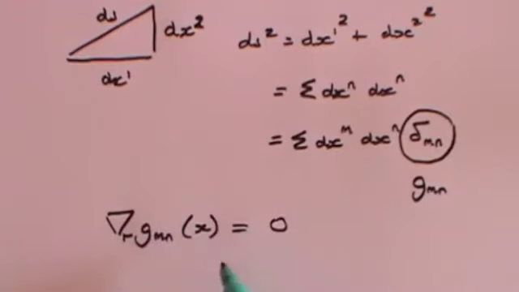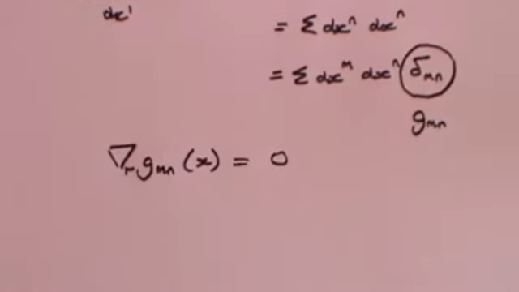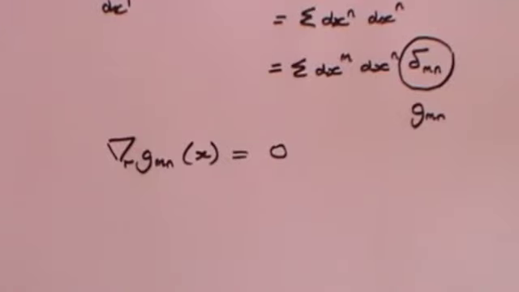So the covariant derivative of a constant in flat space is 0. But what did I tell you about derivatives of tensors? If you've got a value of 0 in one frame of reference, then you've got a value of 0 in all frames of reference. So consequently, the covariant derivative of the metric tensor will equal 0 in all frames of reference.